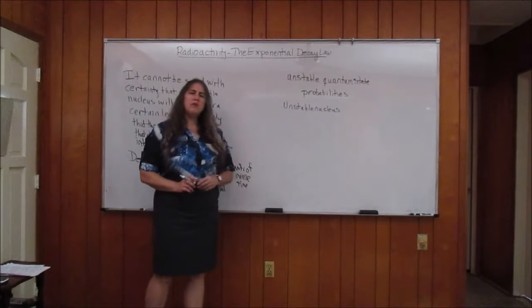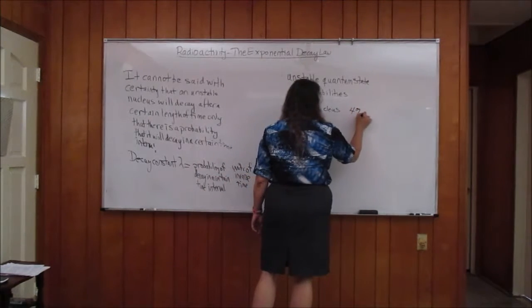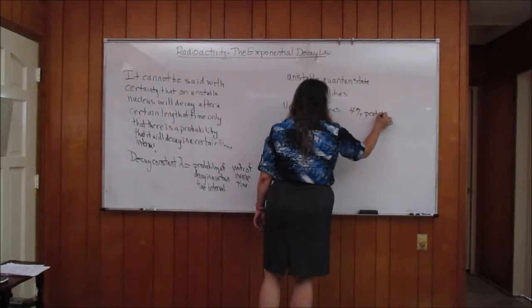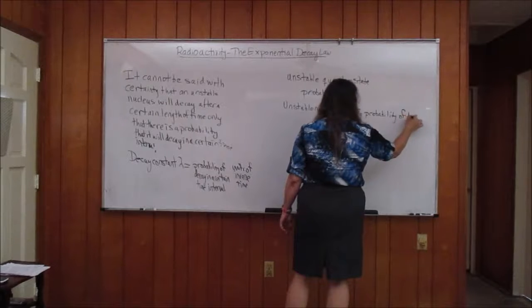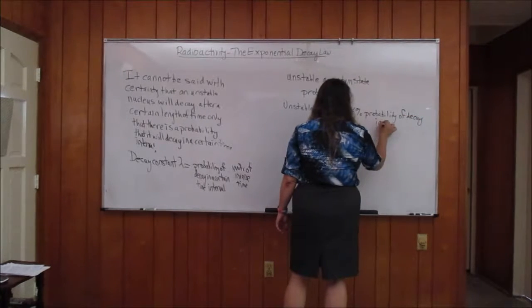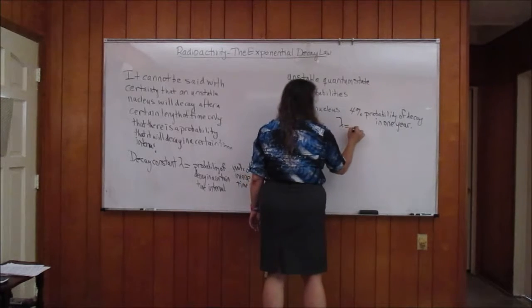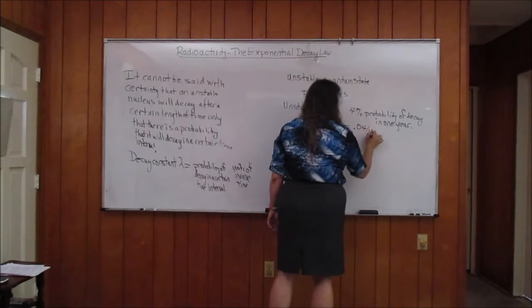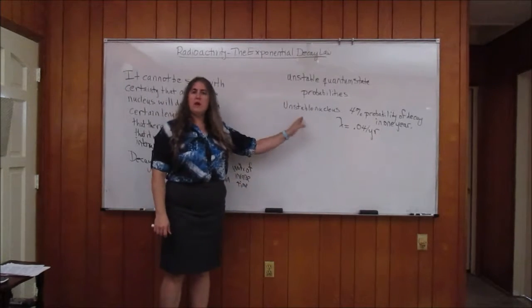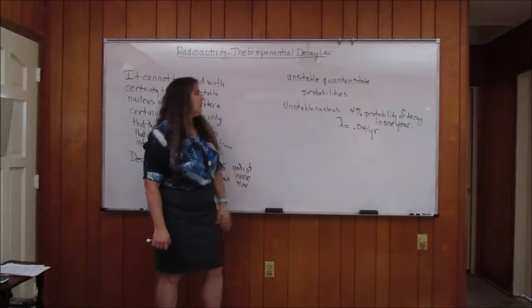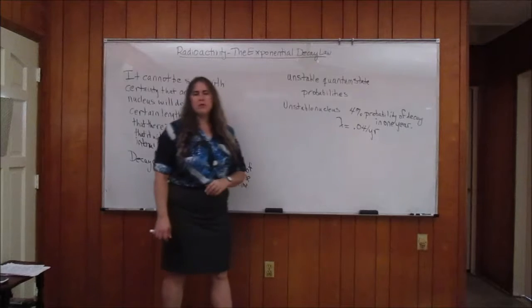There's a 4% probability that the unstable nucleus will decay in the upcoming year. In this case, lambda is equal to 0.04 inverse years. So let's say I know for certain this unstable nucleus was just formed. Okay, in a 1 year time interval, there's a 4% probability of decay.